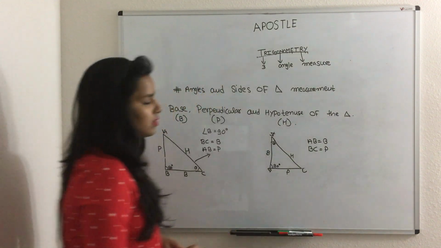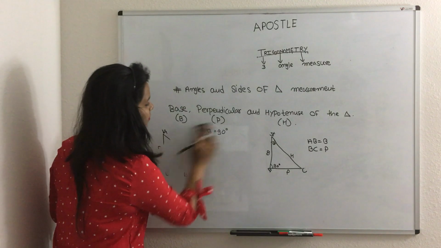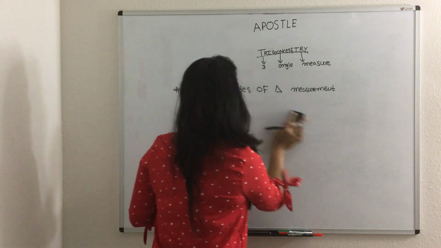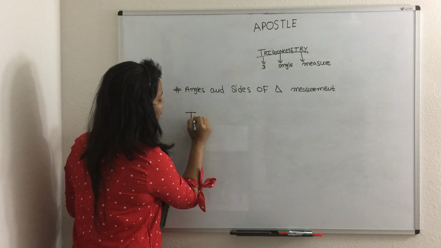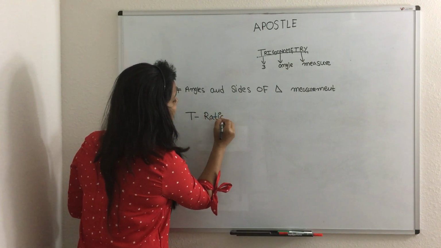Now we are going to discuss some trigonometric ratios. This is also a very important concept, that is trigonometric ratios, or we can also write them as T ratios. There are 6 T ratios.